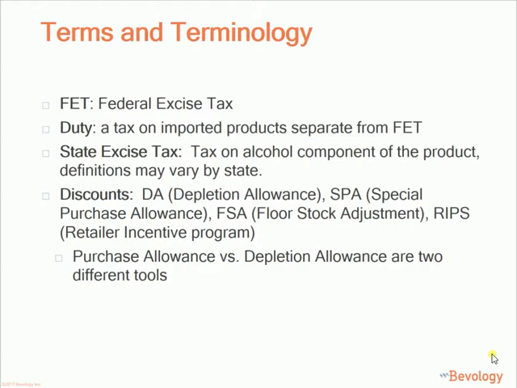A case in point is the difference between a purchase allowance and a depletion allowance. They kind of sound the same. It's an allowance. In actuality, a purchase allowance is giving a discount when somebody purchases the product, obviously, and depletion is when they sell it. We prefer to structure things in terms of depletion allowances because that's the behavior, that's the result we're most interested in. So definitions are kind of important.